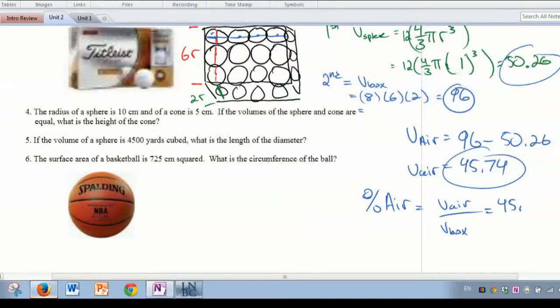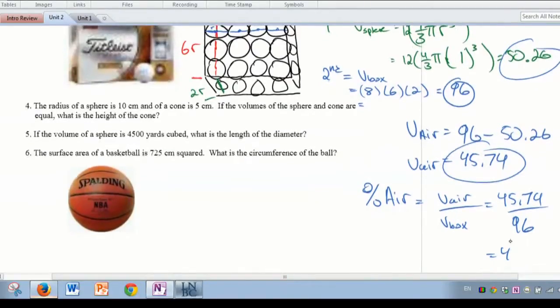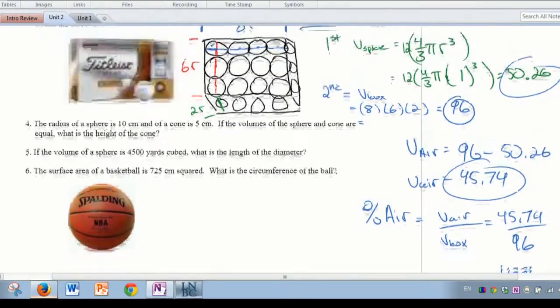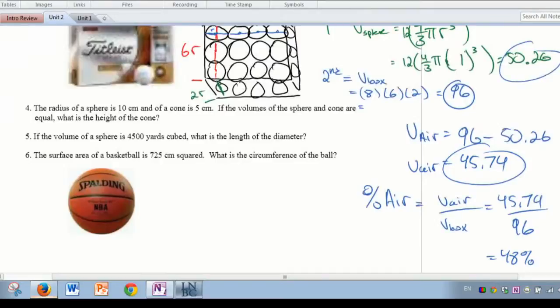So 45.74 divided by 96. That's 47.6, so 48% is what I ended up with.